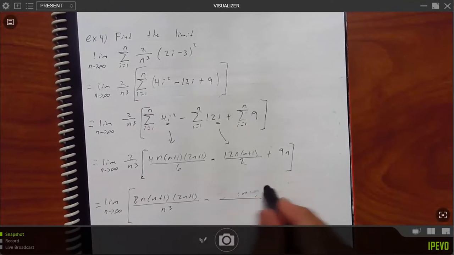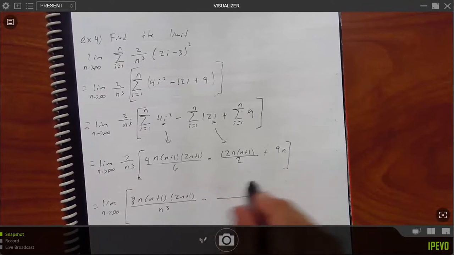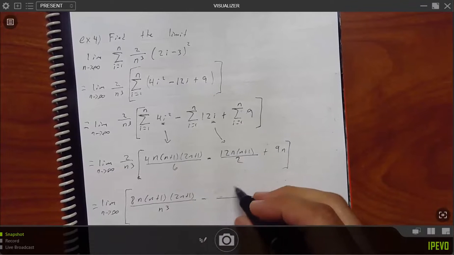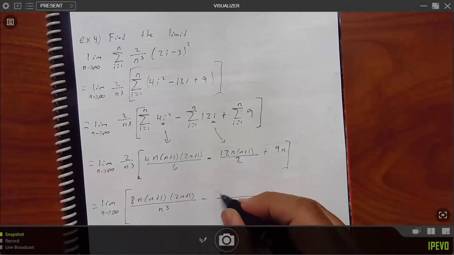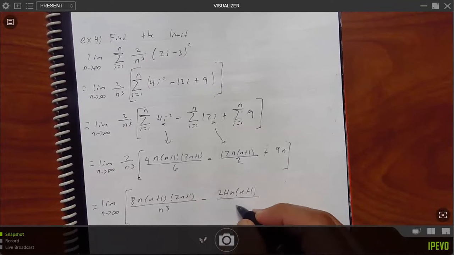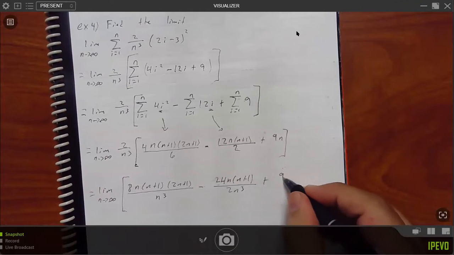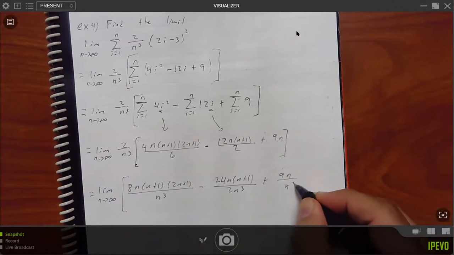I'll just leave it as 24n times n plus 1 over 2 n cubed plus 9 over n cubed.